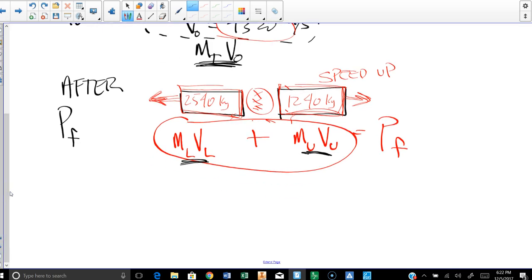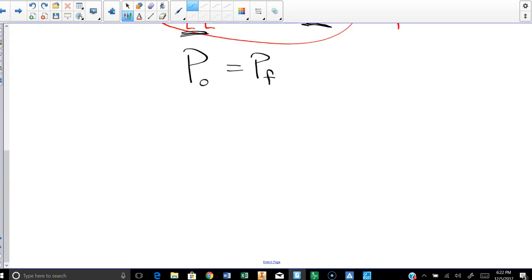So we start with the idea that since everything's internal, the original momentum and the final momentum are the same. And then we say, all right, in the before situation, before the explosion between them occurred, they were one object. In other words, it was the mass of the lower stage plus the mass of the upper stage, the total mass, times that original velocity before they were separated.